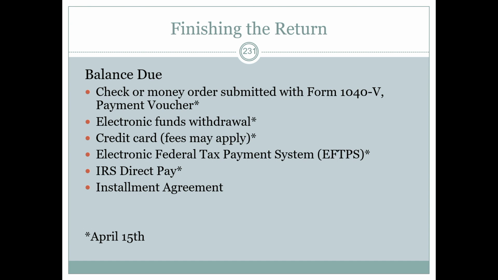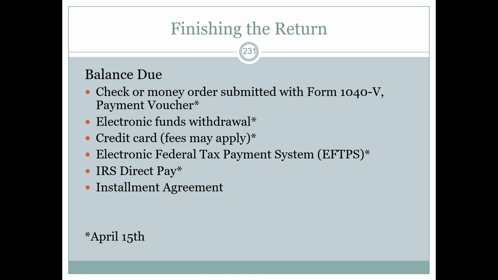On the Pay tab, they would be able to select if they would like to have the funds come out of a bank account using their routing and account number, which is free of charge, or using a debit card or a credit card, and again, fees apply for the debit card or credit card. I do advise that if you're using Direct Pay, you retain a copy of the confirmation that the payment has been submitted.